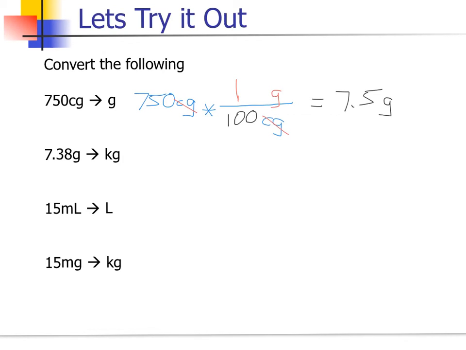grams. Now in the next problem, I see that I have 7.38 grams, and so we'll start with 7.38 grams. Well, I need to move that into kilograms. Let's go kilograms there.